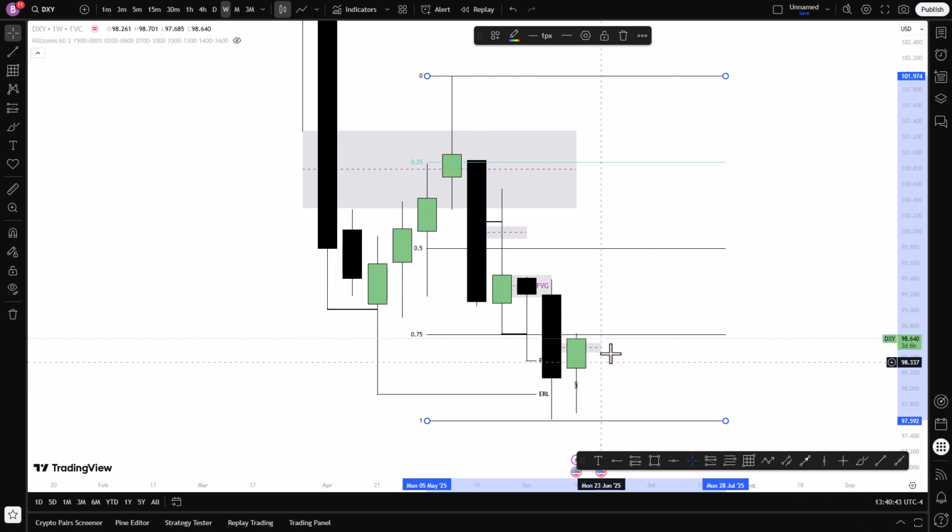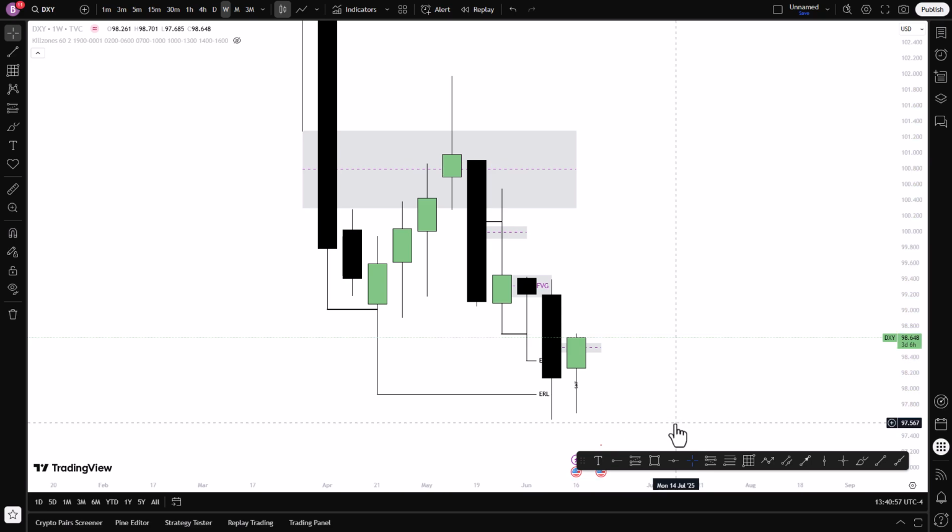We're expecting price to come to the mid threshold, or if peradventure price will start retracing from this 0.75 level, which is the 75% level. But as we speak now, I'm more bullish than bearish this week, even though the overall bias is bearish, but we want to see a form of retracement.